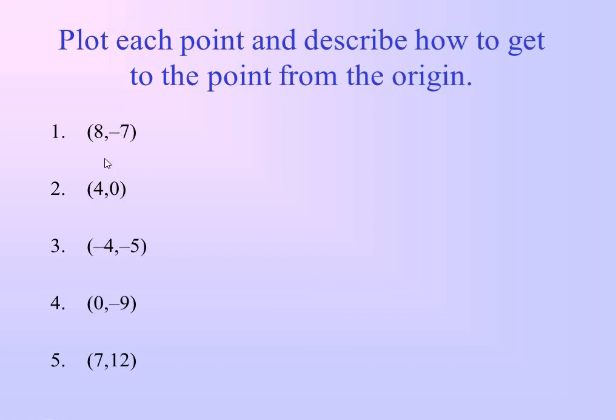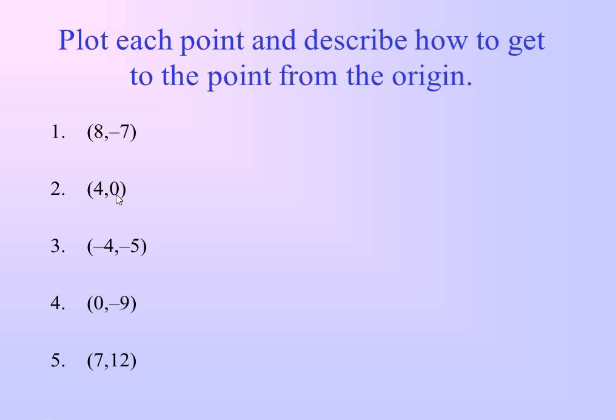Now what about 4 and 0? This is so important. First, I have to start from the origin and move 4 units to the right. Then I will stop there for a while and ask myself, how many units do I have to move up or down according to the y coordinate?